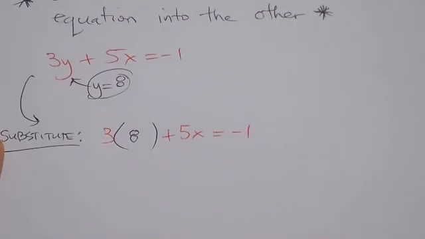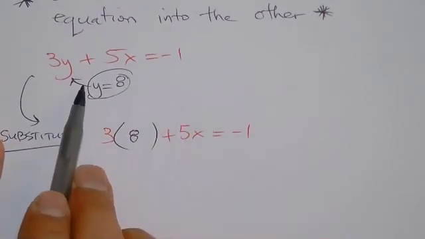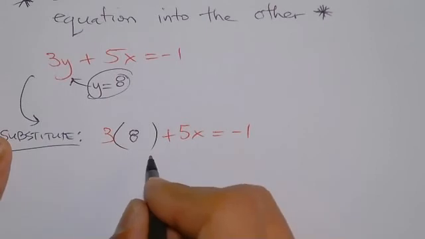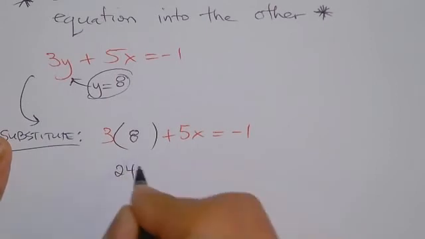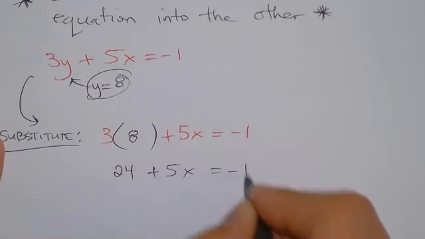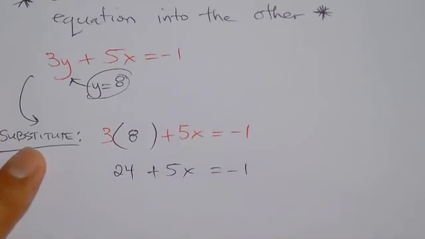Yeah. And see, when you do that substitution method, there will be only one variable left, and it'll be the one you need to find. Okay. I'm going to get 24, because 8 times 3 is 24, plus 5x is equal to -1.